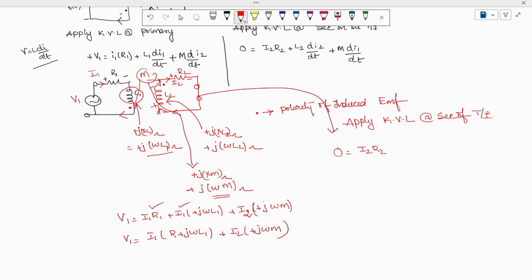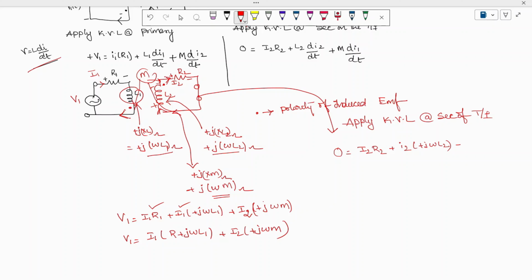The voltage drop you can write as L di by dt, and this inductor current is I2, and the inductor value is plus j omega L2 ohms. This is mutually coupled, and you can see here the current is leaving the dot, and at the primary also the current is leaving the dot.